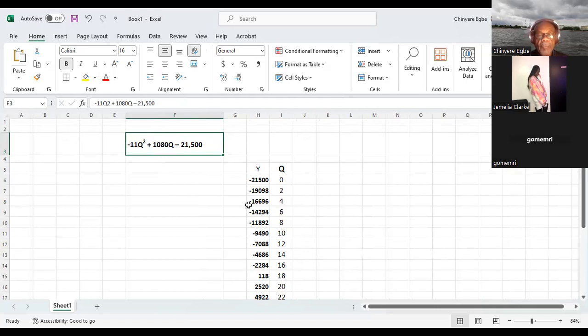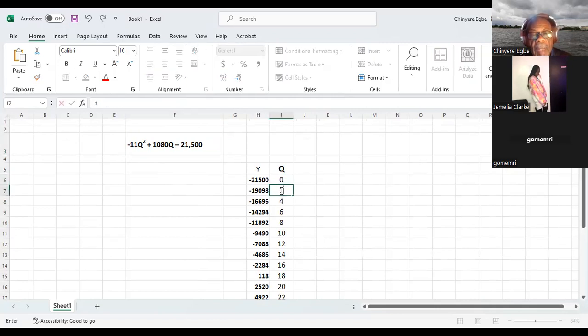If you produce only 2 units, maybe we could have gone from 1, maybe I should use 1 here.